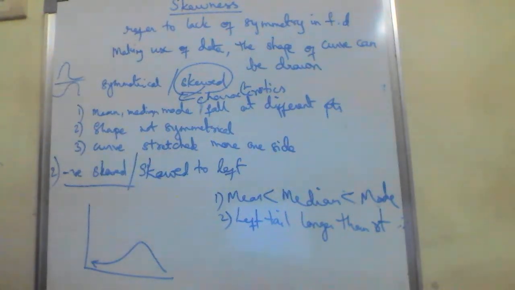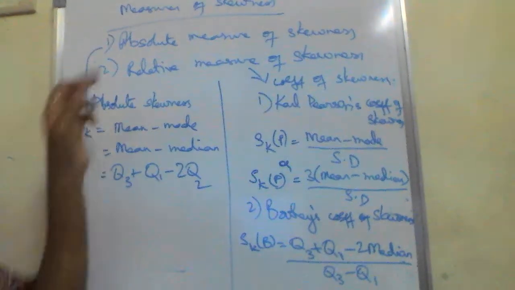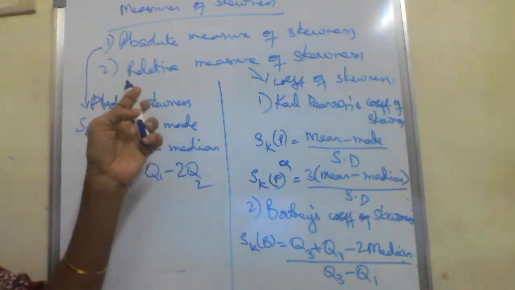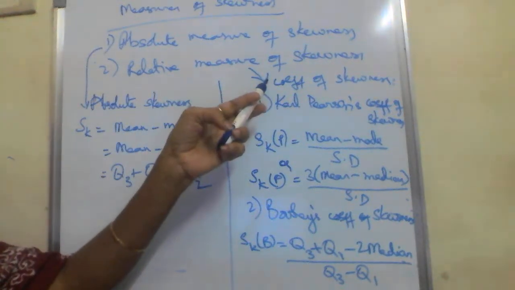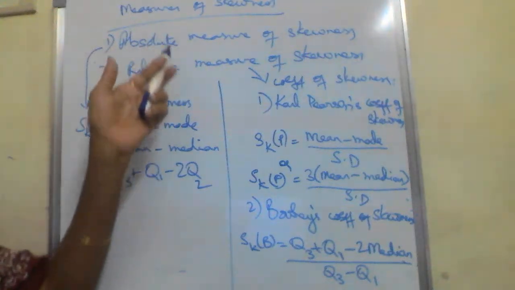So next we'll see the measures of skewness. Here there are two measures of skewness. The first one is absolute measure of skewness and second is relative measure of skewness. So for measuring the skewness you use these two measures.